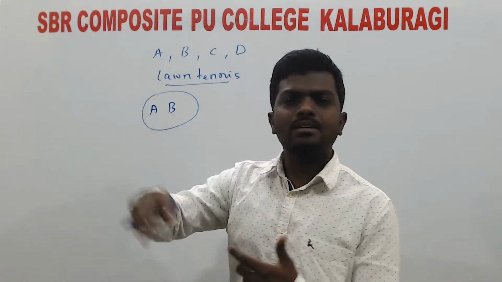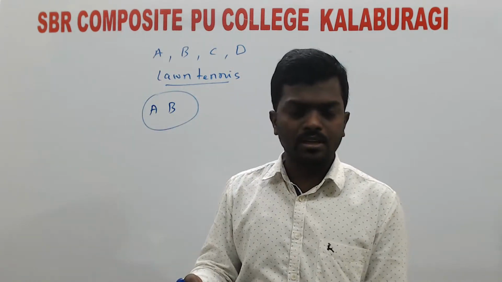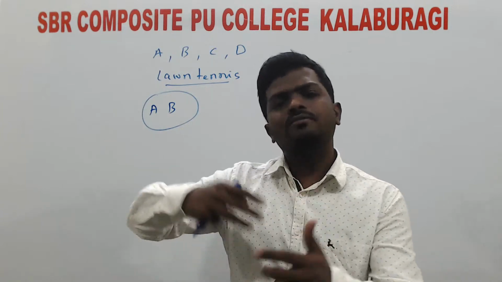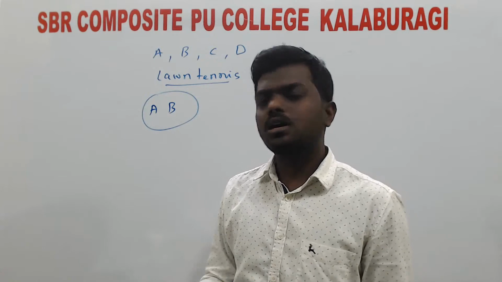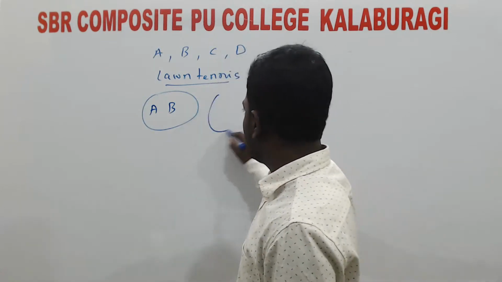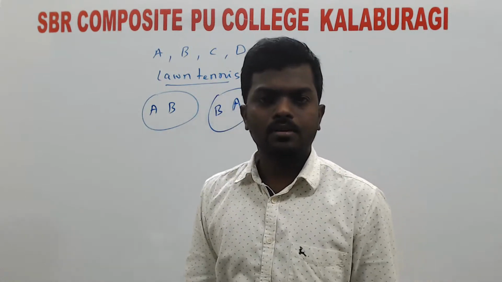Sir, A and B players are very good, so let us send them to the competition. Is that clear? But sir rejects the team, says, okay, find some other two boys or other two girls to represent our college. Okay, then again we will go to the sir with these names. BA, right?